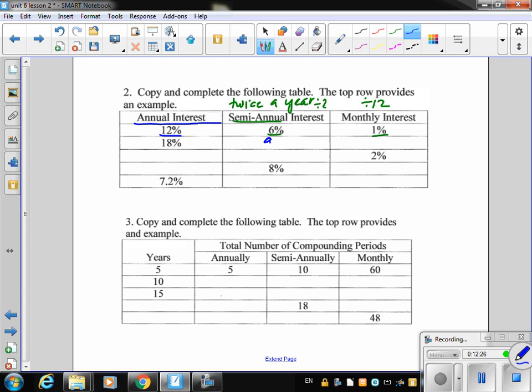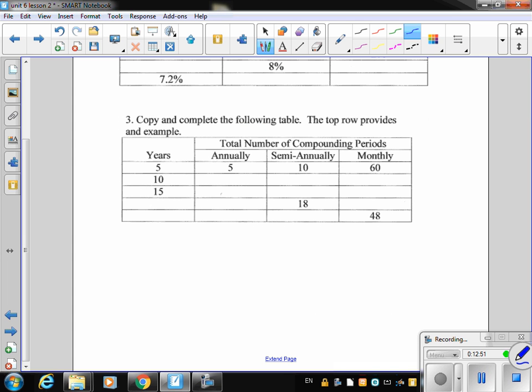Cut it in half, 9%. A monthly rate. We're going to take 18% and divide it by 12. We would get 1.5% per month. Okay. I'm going to ask you and your friend to fill those last few out together. Let's go down to example number 3.